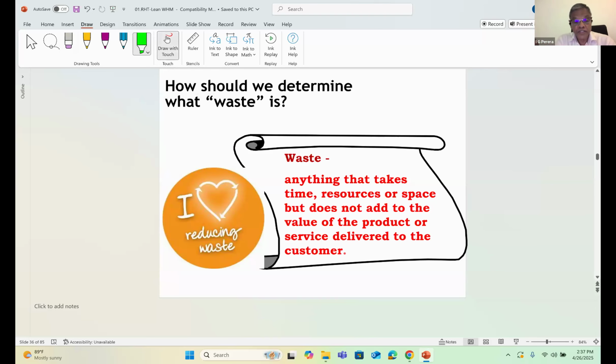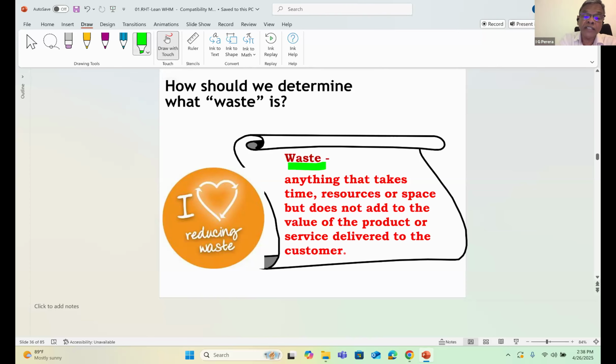So elimination of waste, reducing and elimination of waste, that is lean. When there is waste, you are heavy; when waste is gone, you are lean. Even in the body it is the same. Fat is waste. If you have a lot of fat you are heavy. If you do exercises to burn fat systematically, you will be reducing waste. Waste is fat. Then you become slim, you become lean.